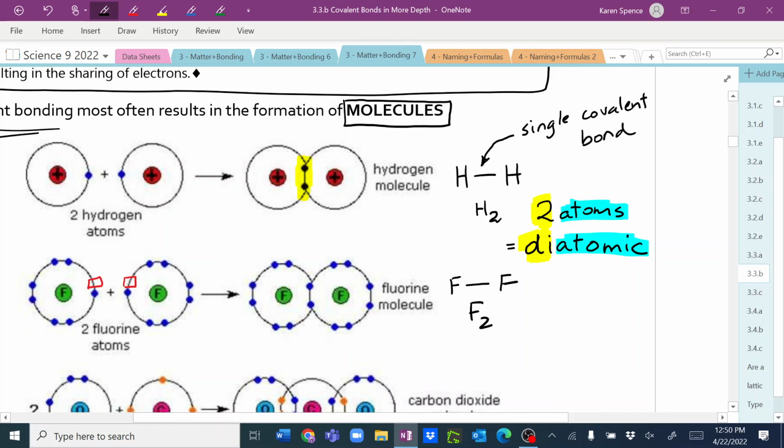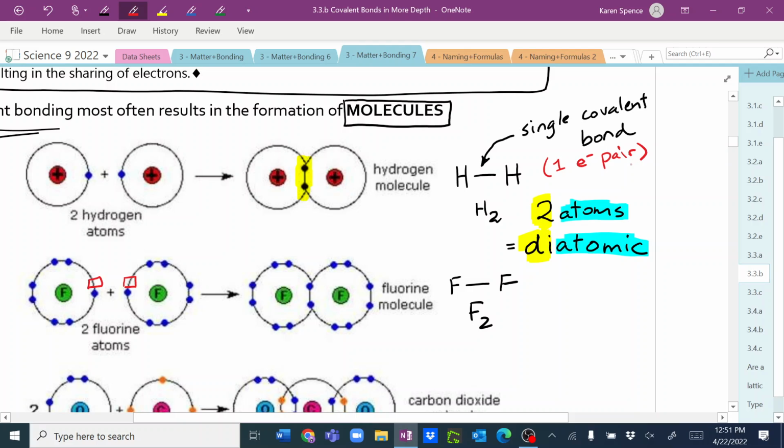How many electron pairs are in that single covalent bond? 1 electron pair. So that's 2 electrons in total, but we usually count them as pairs. So 1 electron pair. Okay, good. So fluorine is very similar.